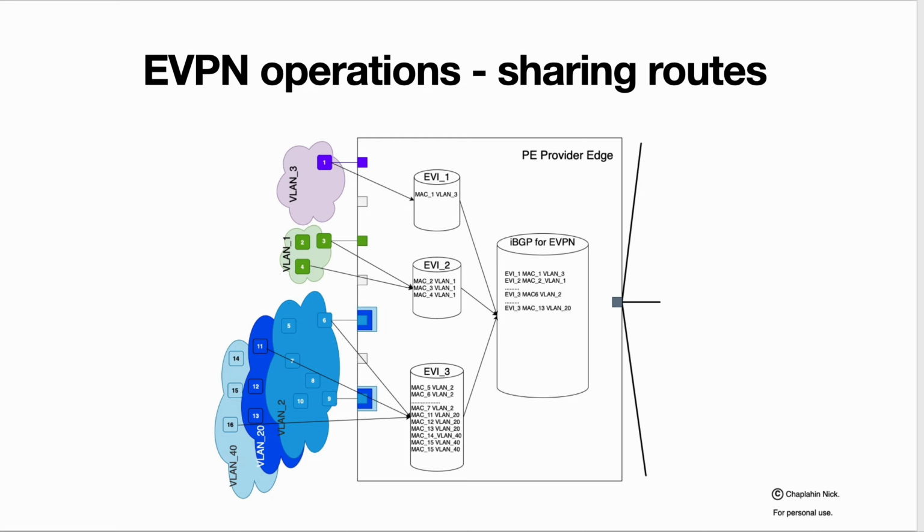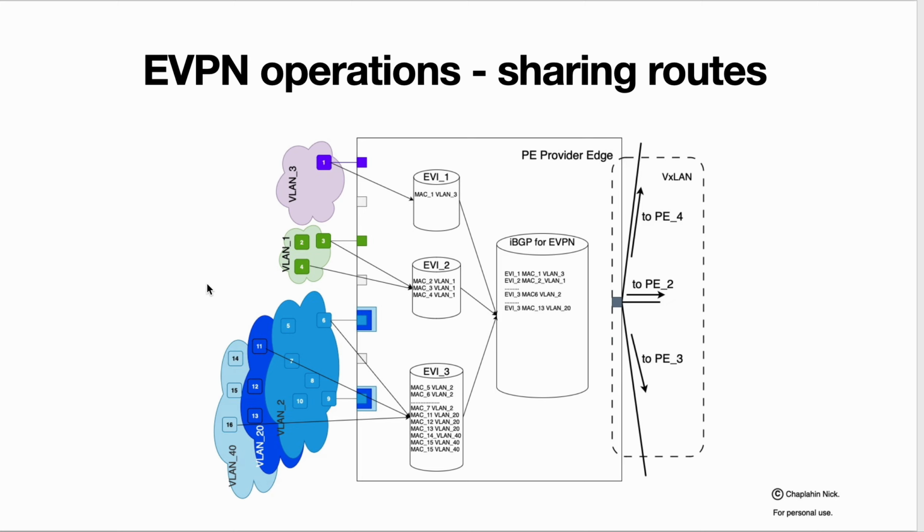It builds routes highlighting which instances, MAC addresses, and VLANs it has, and sends them to other BGP instances on other provider edges. So you can ask, where is VxLAN? Ta-da! Here it is. VxLAN is only a part of the transport system for traffic to be exchanged between provider edges.